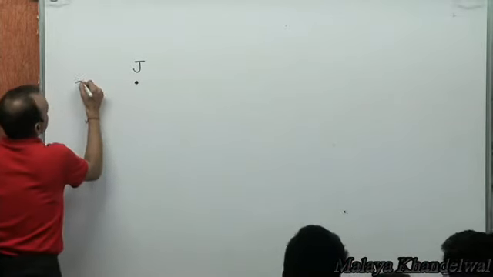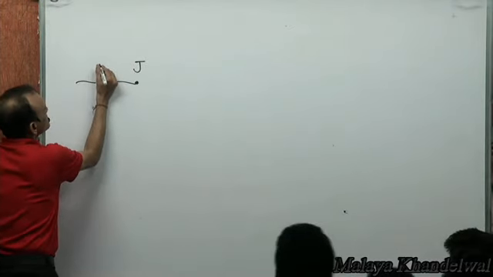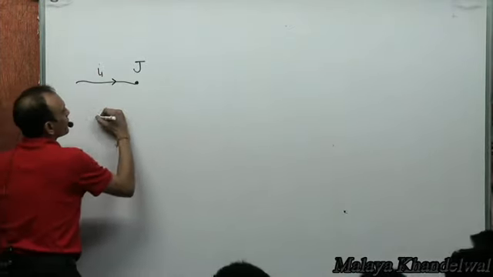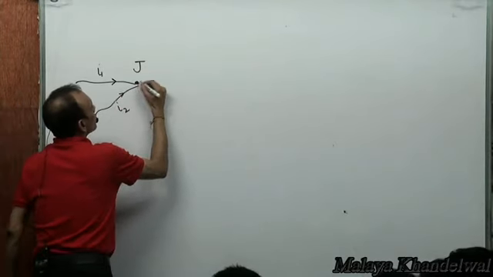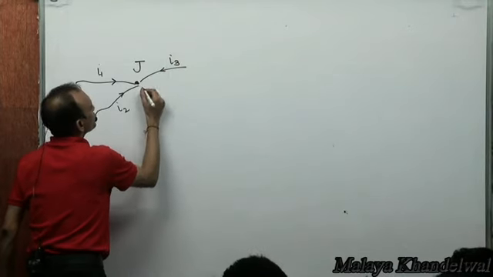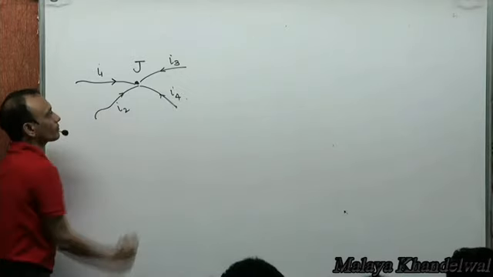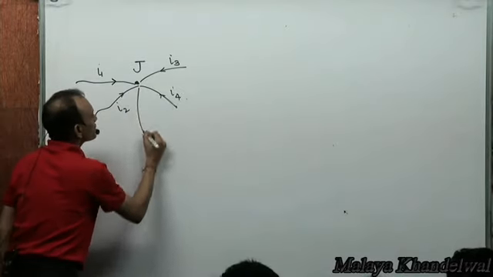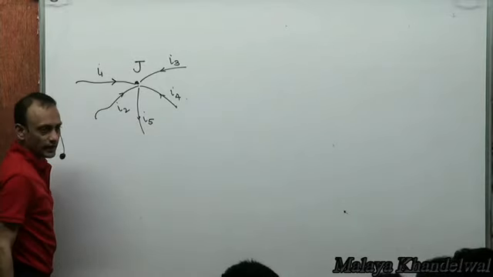One loop is sending current I1 to J, another loop is sending current I2 to J, a third loop is sending current I3 to J, a fourth loop is sending current I4 to J, a fifth loop is driving current I5 away from J, and so on and so forth.